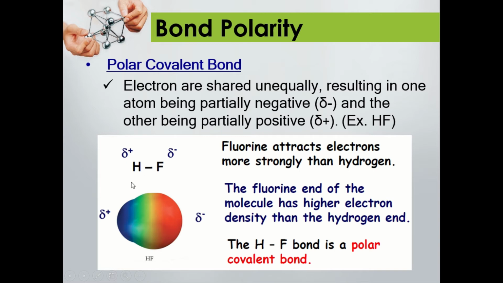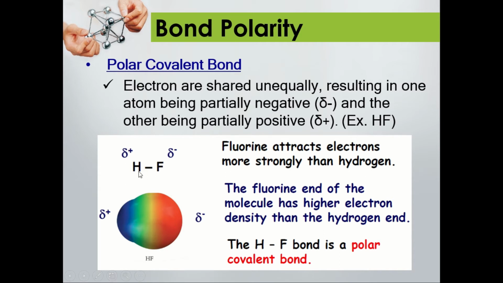For hydrogen, it's 2.1. For fluorine, it's 4. So they have different values. That is why the tendency of fluorine to attract electrons towards itself is stronger than that of hydrogen.